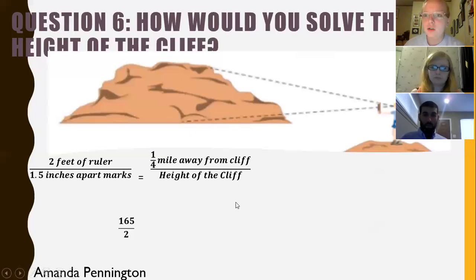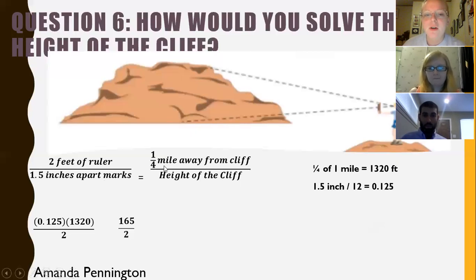So we're going to do a cross multiplication problem, but we need to find out a few things first. We need to get the inches and the miles into feet, because we have to have the same unit. We know that 1/4 of a mile will equal 1,320 feet. And if we want the inches into feet as well, you need to divide by 12 because 12 inches are in a foot. That gives you 0.125.